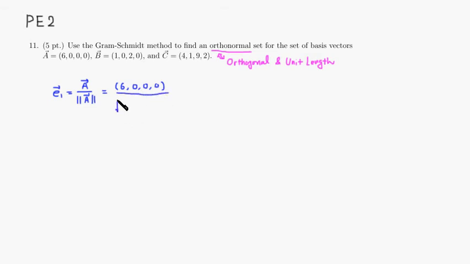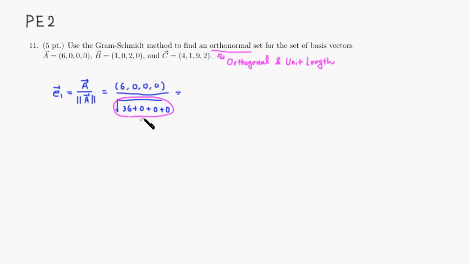The length is the square root of 6 squared, which is 36, plus 0 squared plus 0 squared plus 0 squared. So this is simply the square root of 36, which is 6.